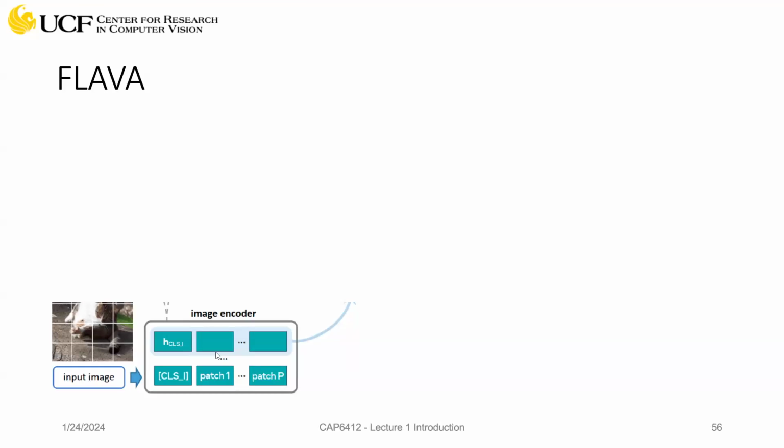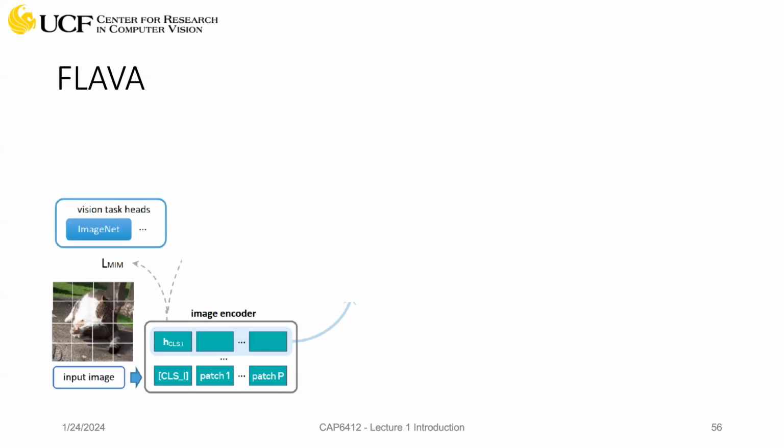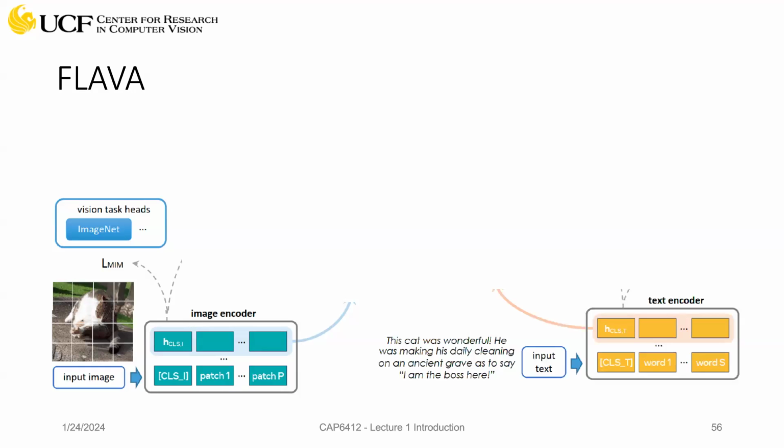So you have all these patch tokens. Each patch is a token, and then you can do vision tasks, like the ImageNet task. Then you also have text, and you have text tokens, a text encoder, and then you can do whatever NLP task you want to.